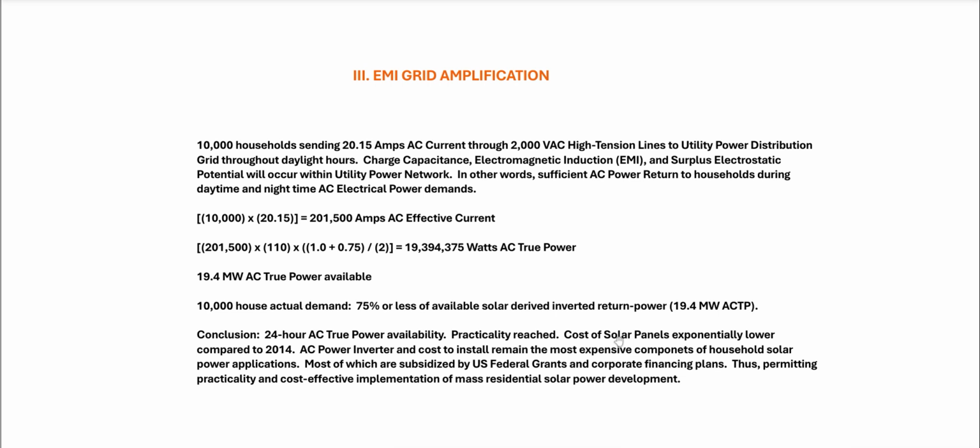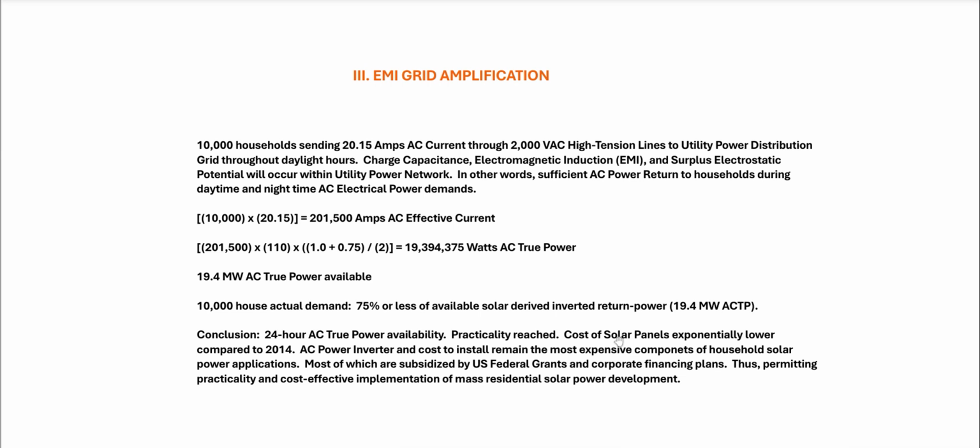derive surplus electrostatic potential or surplus equivalent electrical charge. But interestingly, this LC circuit is like a giant AC battery, if there's such a thing. So it's just going to be known as charge capacitance and EMI induction.